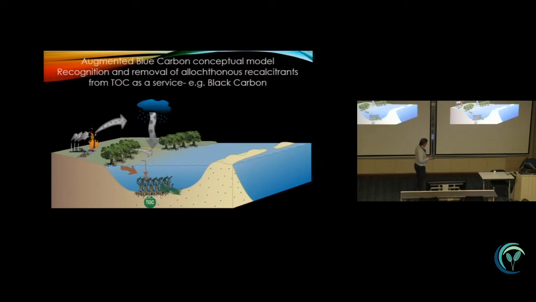It's trapped by the seagrass, sedimented, allochthonous production or litter and so forth, algae, seagrass and all sorts of things. It also gets trapped by the system itself. But what we've done is augment the model by adding another component called black carbon, a concept of allochthonous recalcitrants, which I'll talk about in another minute.